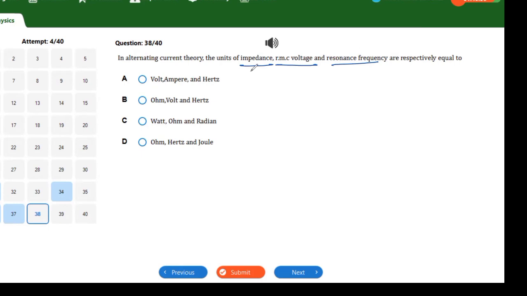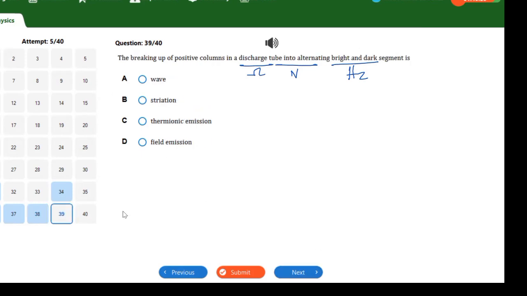Impedance is the total resistance offered by the inductor, capacitor, and resistor, and it is measured in ohms. The voltage is measured in volts, and resonance frequency is measured in hertz. Looking at our options, voltage, ampere is wrong. We have ohms, volts, and hertz. That is the correct option. So that is about question 38.